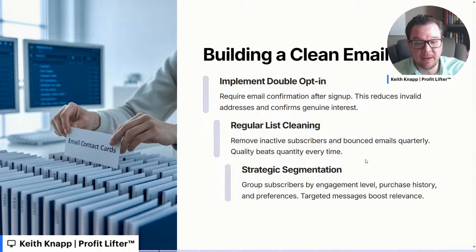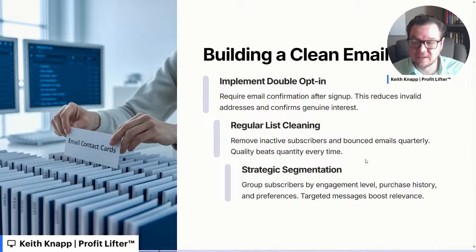It's going to be good people who are really interested, who are taking the time to say, yes, this is my email. This just helps to make sure that you're not getting spam email addresses, and you're not spending your hard-earned time and money on sending out emails to people that are just giving you spam email addresses.